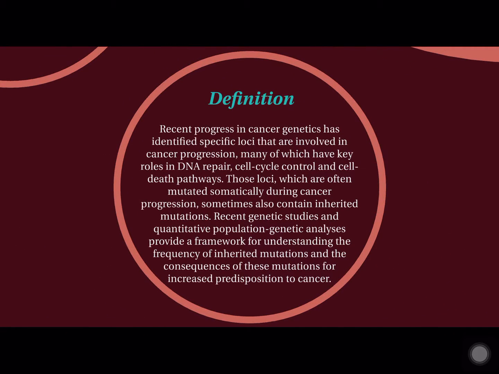Definition: recent progress in cancer genetics has identified specific loci that are involved in cancer progression, many of which have key roles in DNA repair, cell cycle control, and cell death pathways. Those loci, which are often mutated somatically during cancer progression, sometimes also contain inherent mutations.